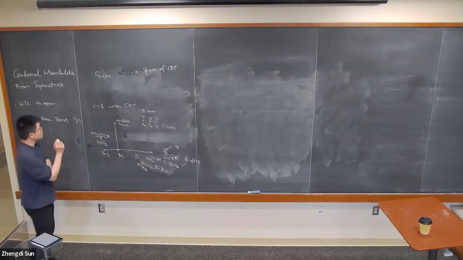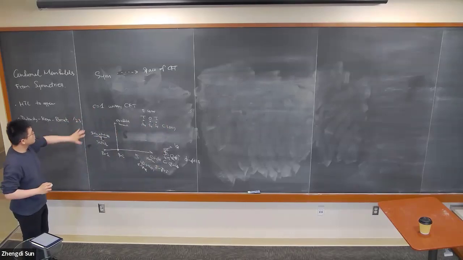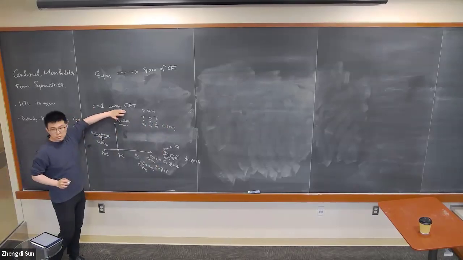So this is basically most of the c equals 1 unitary CFTs we know at this moment.